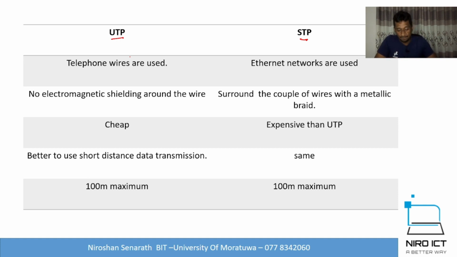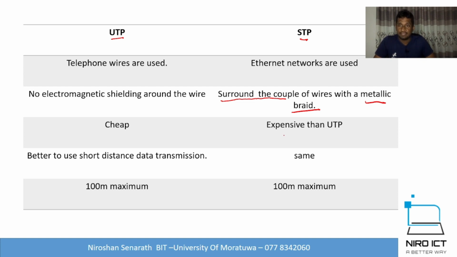But STP is specially used with Ethernet networks, right? In UTP cables, there is no electromagnetic shielding around the wire. We saw it. But in STP, we saw the couple of wires with a metallic braid. It is comparatively more expensive than UTP.